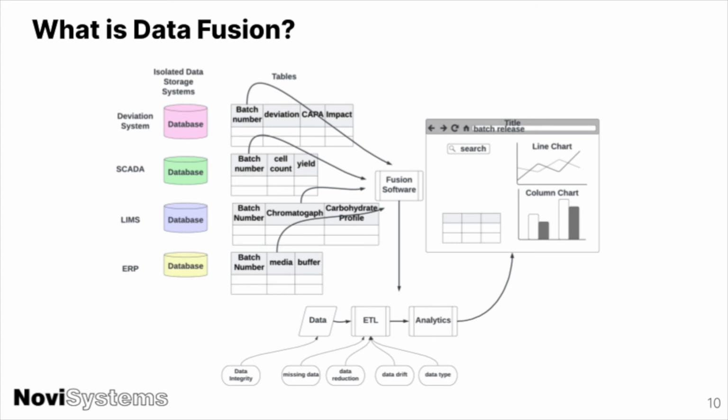So let's look at fusion here. And what I've highlighted are just four systems. Each system is isolated, but each contains a common piece of data or a common unit or feature. And in this case, it's the batch number.